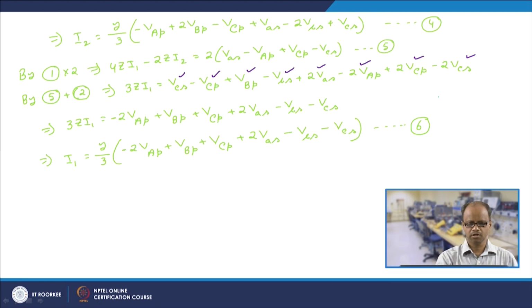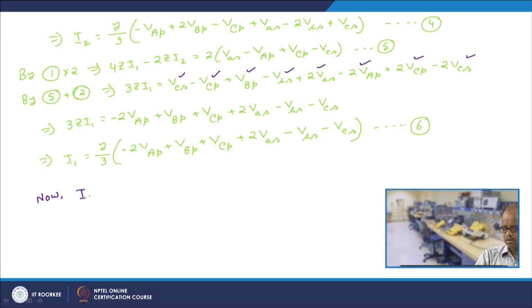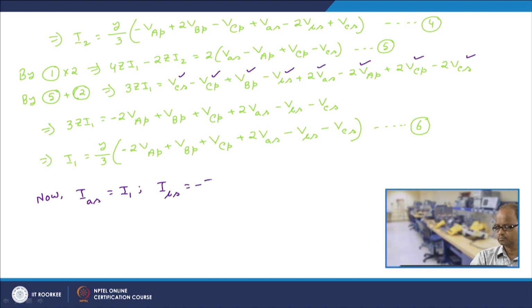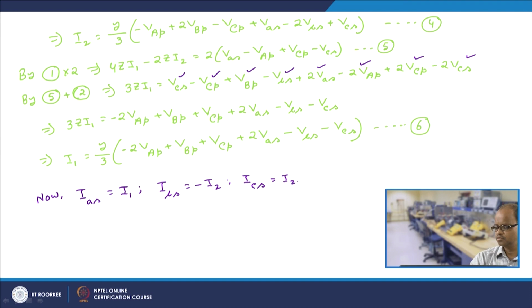Now we can write down that IAS is equal to I1, IBS is equal to minus I2, and ICS is equal to I2 minus I1. So, IBS is equal to minus I2.